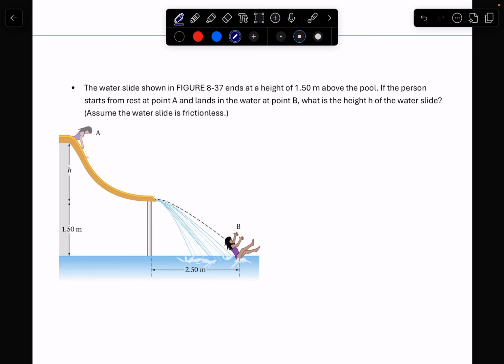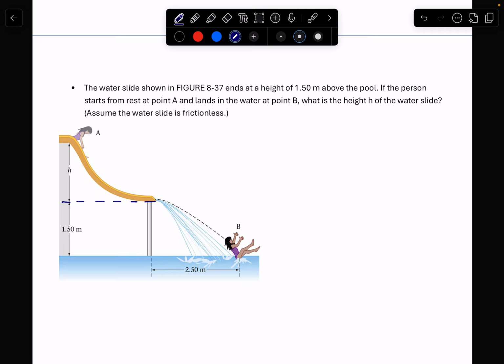All right, let's look at the next problem. Here we are given a water slide that ends at a height 1.5 meters above the pool. So this particular height is 1.5 meters.